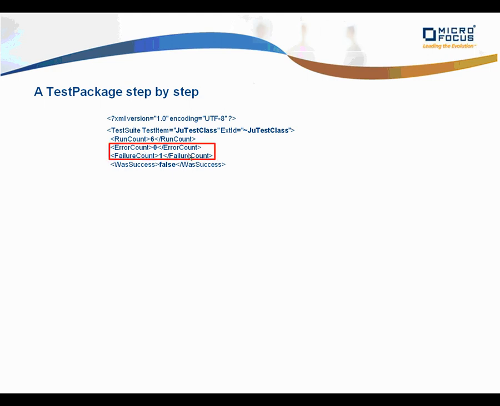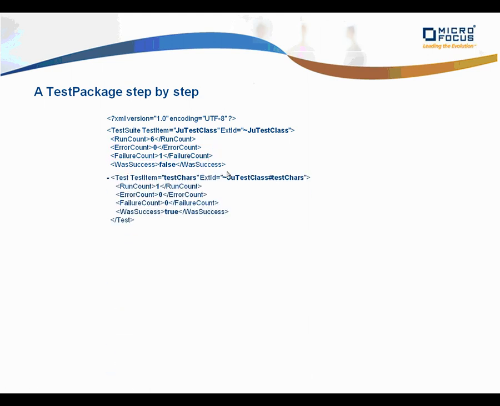There are two other required elements here: error count and failure count. If your failure count or error count are bigger than 0, it represents that your test failed. So in this case, it's a suite. A suite might contain test items.